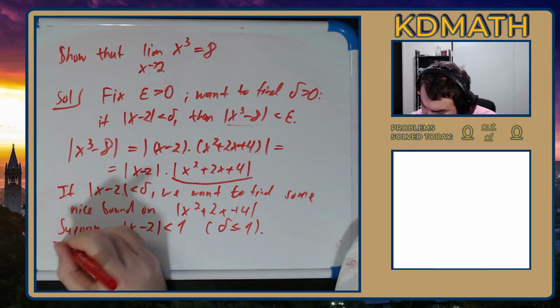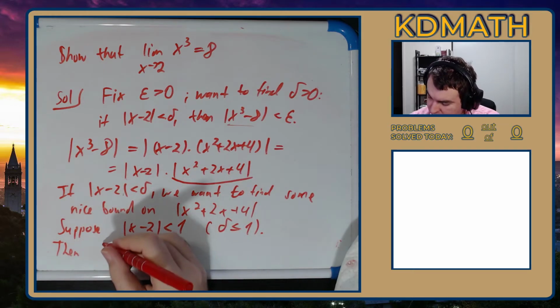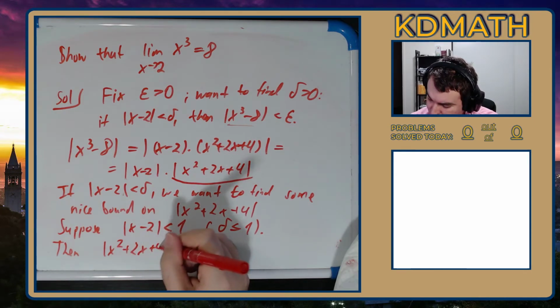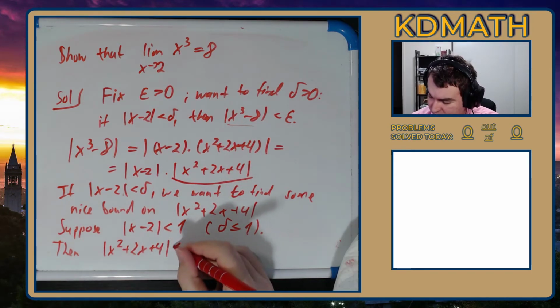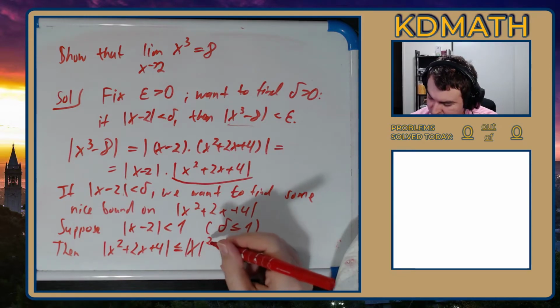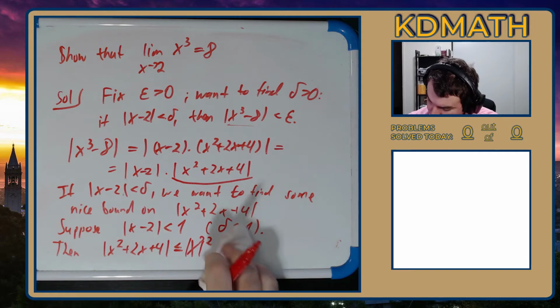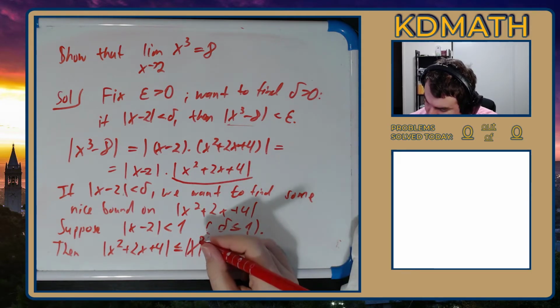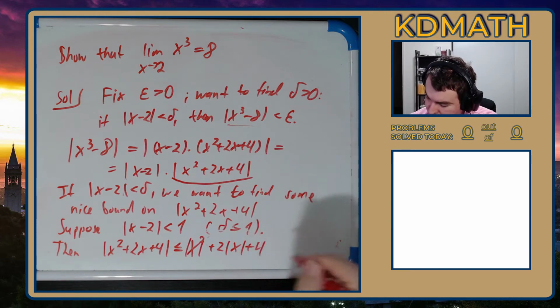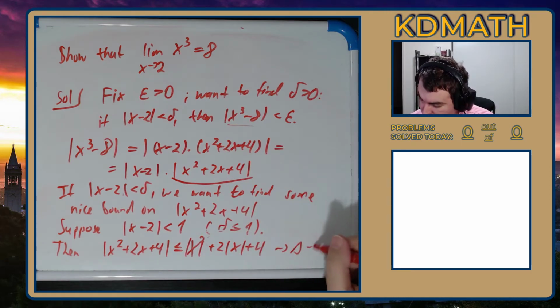Well, then for x squared plus 2x plus 4, using the triangle inequality multiple times, you get that this is less than or equal to the absolute value of x squared plus 2 times the absolute value of x plus 4. This is by the triangle inequality.